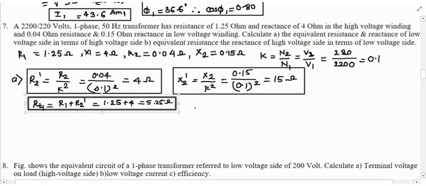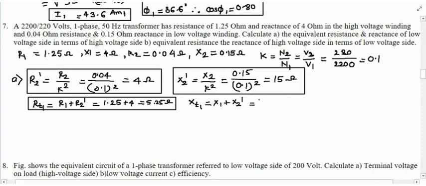Similarly, we can find out XT1. What is XT1? Equivalent reactance of the transformer referred to the high voltage side. So it is nothing but X1 plus X2 dash.